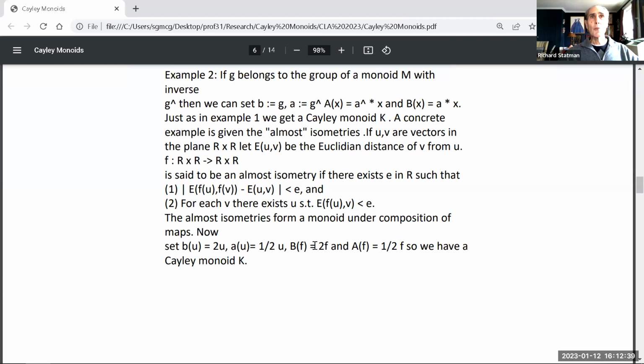So let's do little b first. Let's just blow it up by a factor of 2. And of course, A is the inverse. We're in the group. And the elements do the same thing. Okay. Very good.